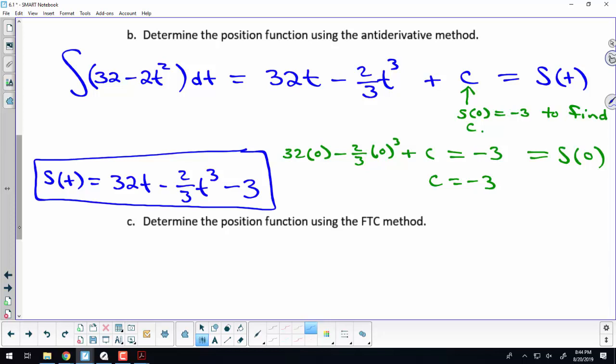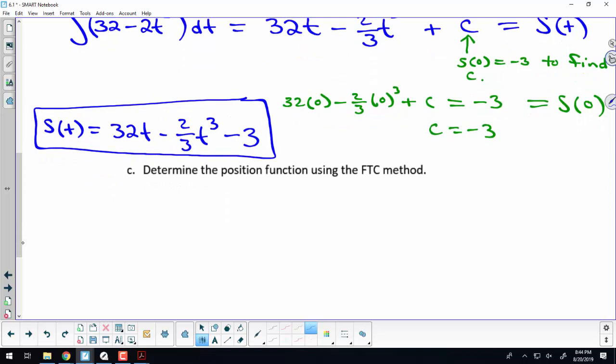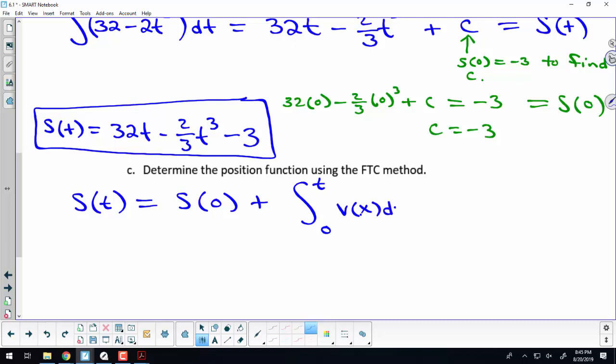So we have 1 minute. I just want to mention that this position from velocity thing that we saw, let's look at it like this. It's going to be s of t equals, well, let's keep it in order. They had the initial first, I believe. So they had s of 0 plus the integral from 0 to t of v of x dx.